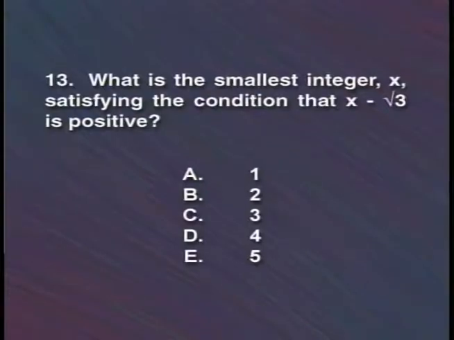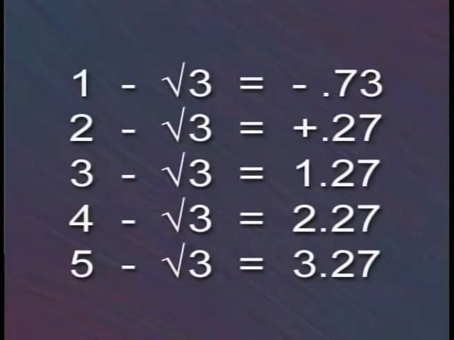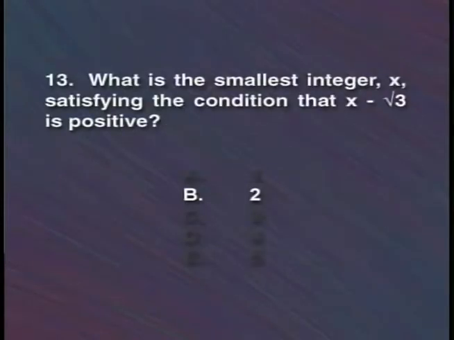Let's try the answer options. 1 minus the square root of 3 is negative. This doesn't work. 2 minus the square root of 3 is a positive 0.27 approximately. As you can see, the other answer options also give us positive values. 2, however, is the smallest integer in this list. Thus, the correct answer is B.